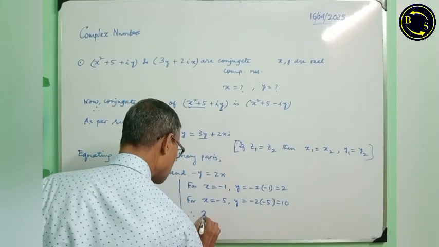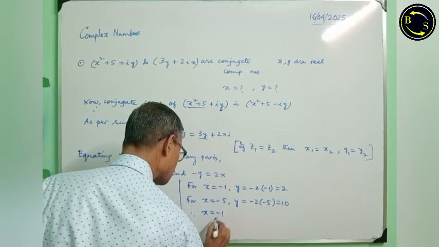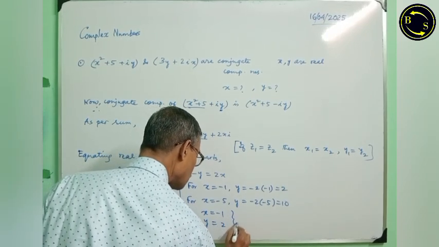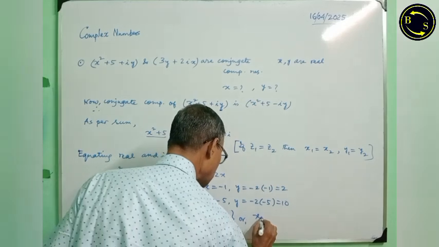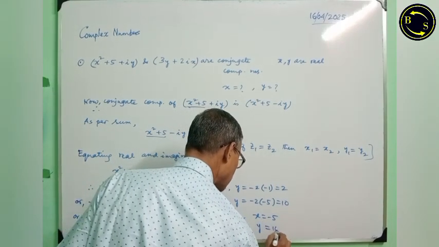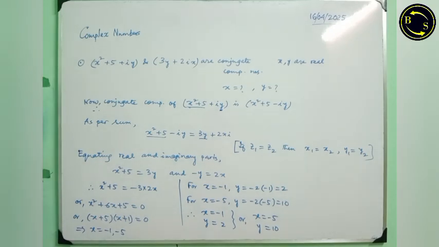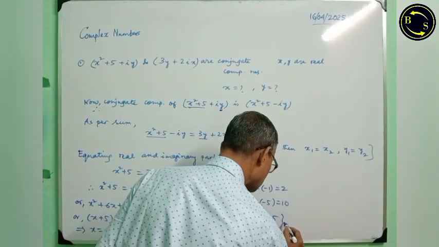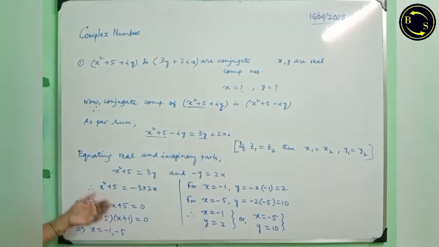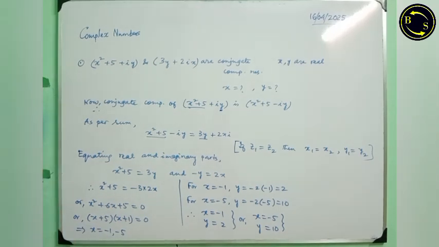Therefore, x equal to minus 1, y equal to 2, or x equal to minus 5, y equal to 10. These are the two pairs of values of x and y. Answer.